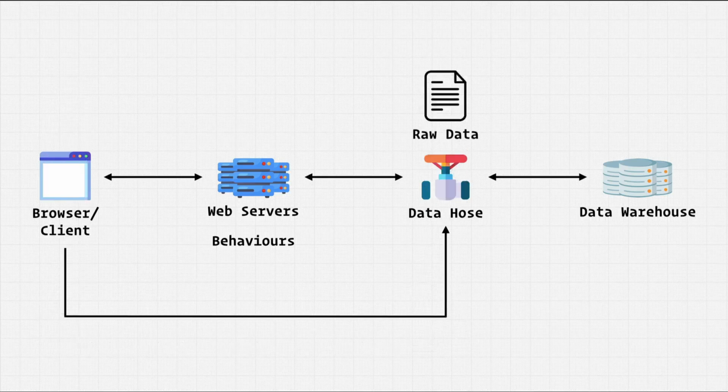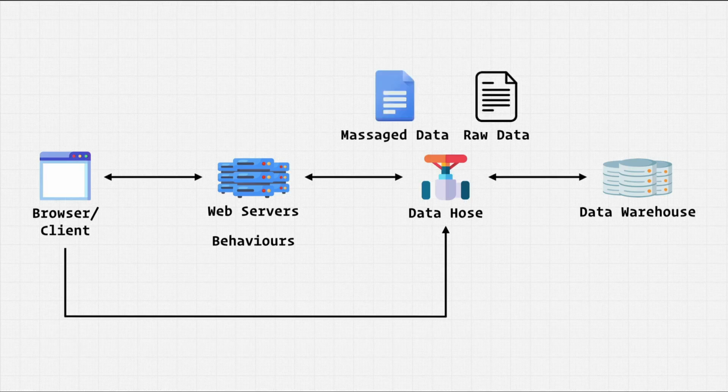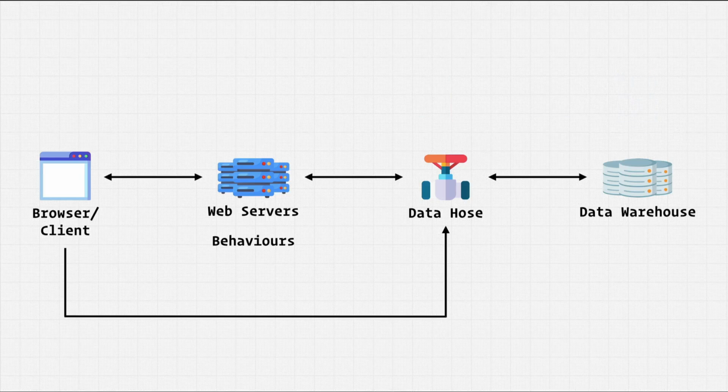Now, regardless of whatever means you get that data into the data hose, it will then take the raw data and massage it into a format that is more readable, or a format that we want to store in the data warehouse. But we still keep the raw data. The reason why is because we're going to fire both of these into the data warehouse. And the data warehouse is just a storage solution. It could be similar to most databases.